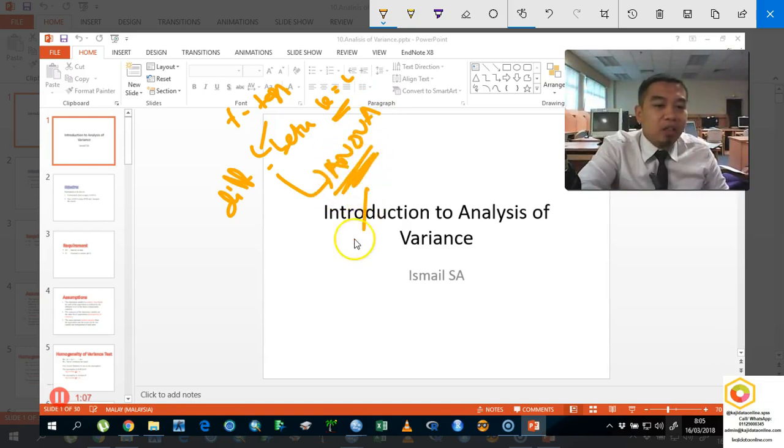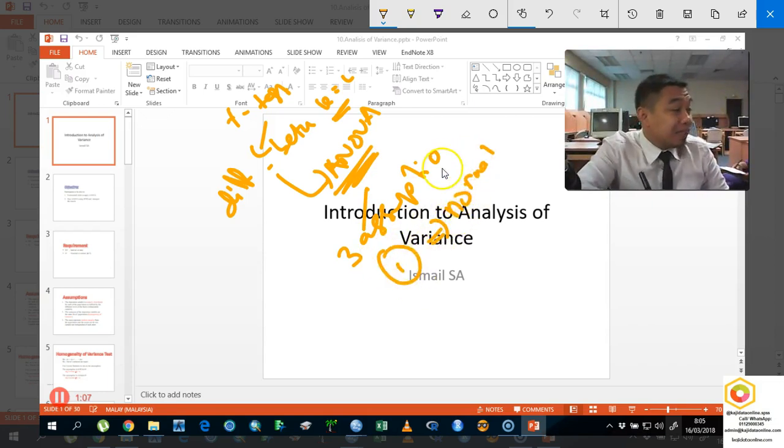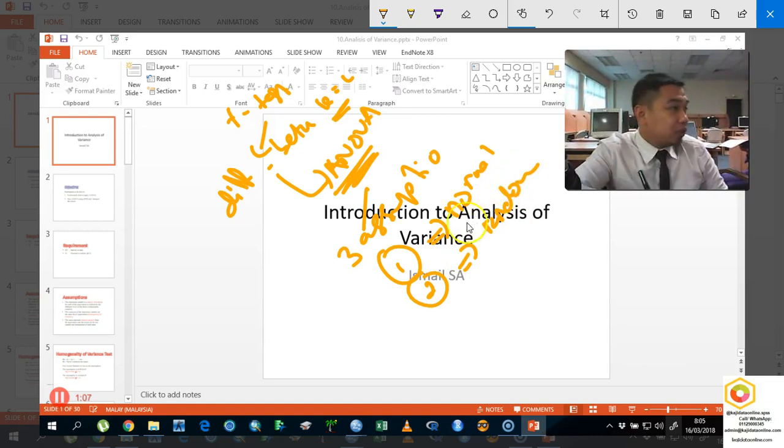Analysis of variance has 3 assumptions that you must meet, or 3 requirements that you need to consider before you can run ANOVA. The first assumption is your data must be normal. Of course, this is a parametric analysis. The second one, your data must be collected from random sample. You know random sample or not?